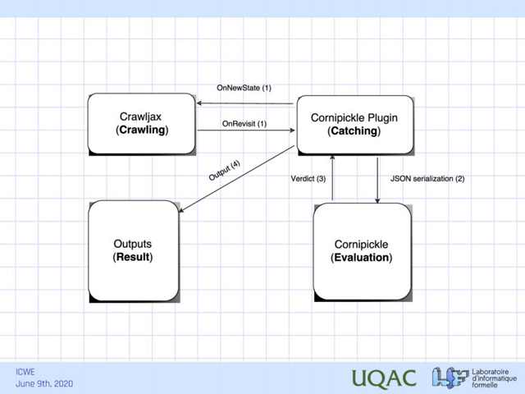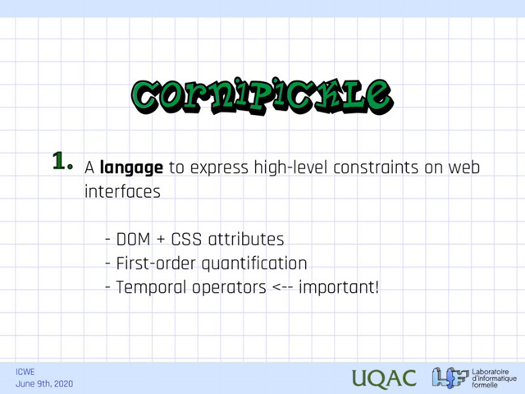Well, the system is itself made of three main elements. The first is a language to express high-level constraints on web interfaces. It allows a user to write statements that refer to a DOM tree and CSS attributes. It has support for first-order quantification and the famous temporal operators I've talked about just a minute ago.